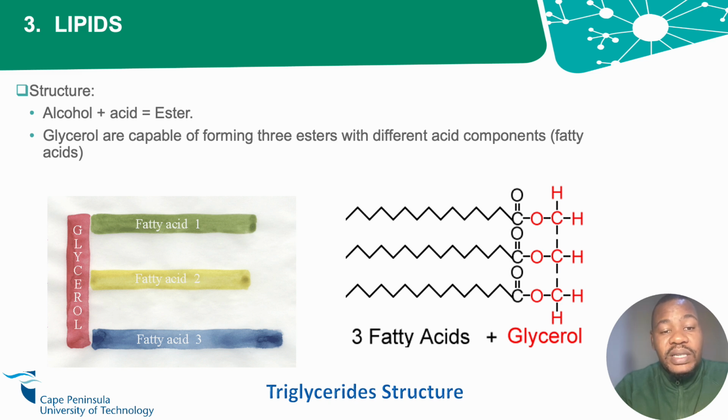In terms of structure, these can be organized into what we call the triglyceride structure. The basic unit of these lipids is a glycerol molecule, and this glycerol molecule serves as a backbone to which the fatty acids are attached.